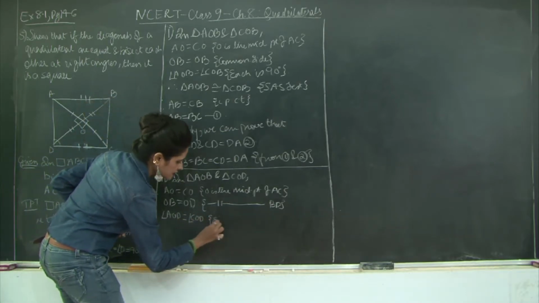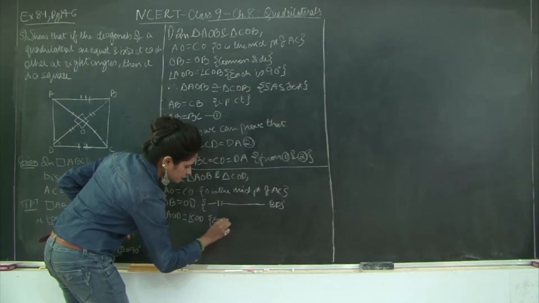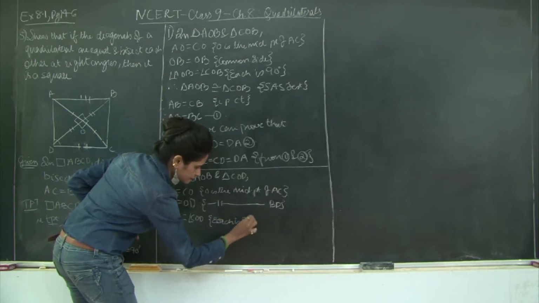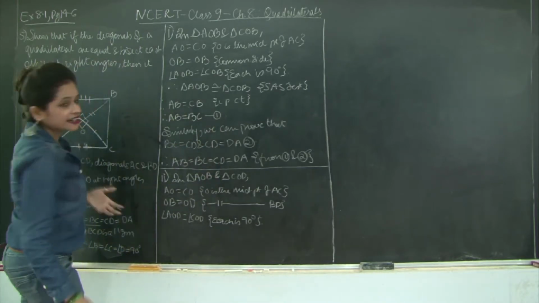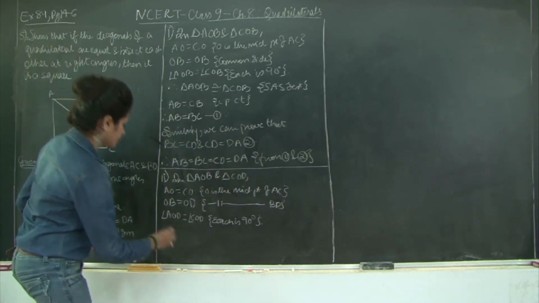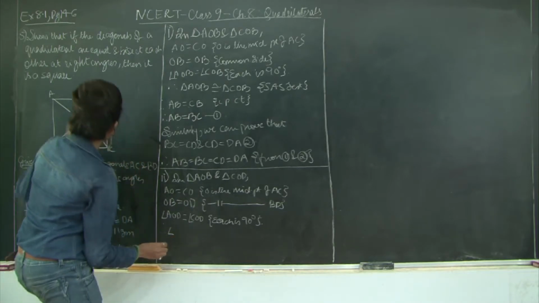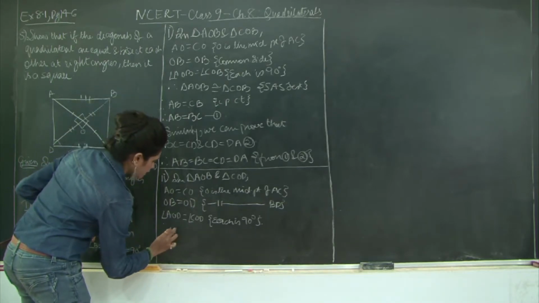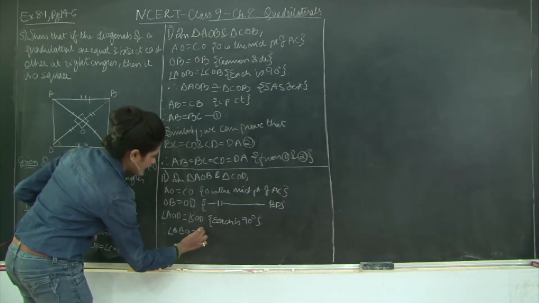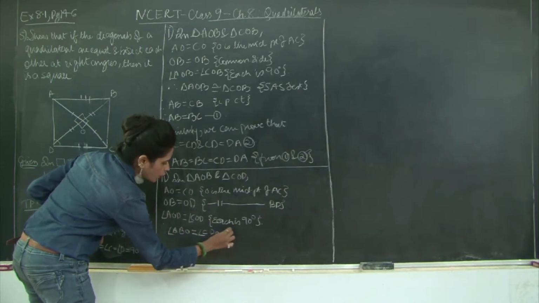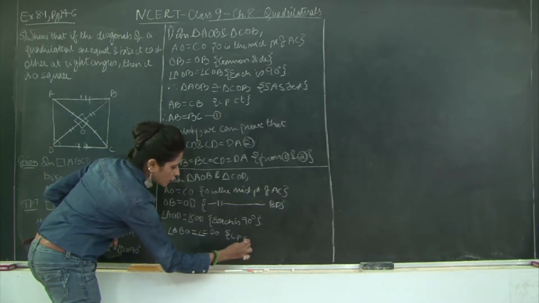Each is 90 degrees, because the diagonals are bisecting each other at right angles. Therefore, I will say that angle ABO is equal to angle CDO. Why? Through corresponding parts of congruent triangles.